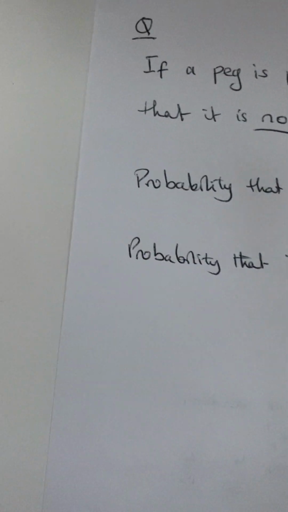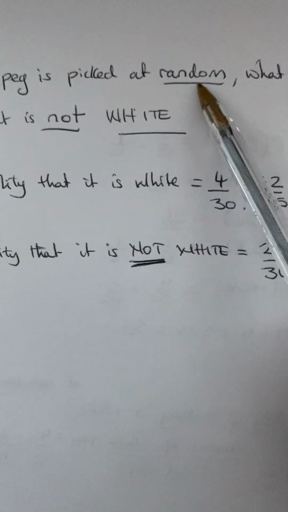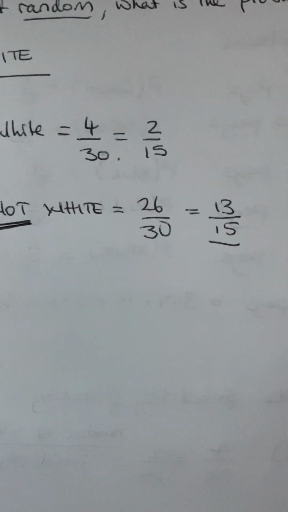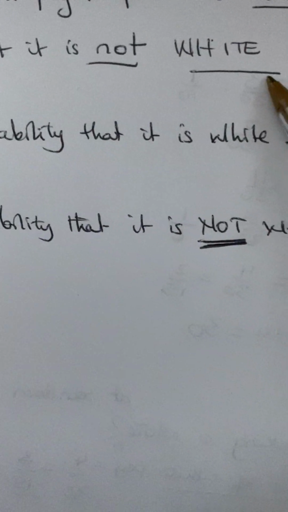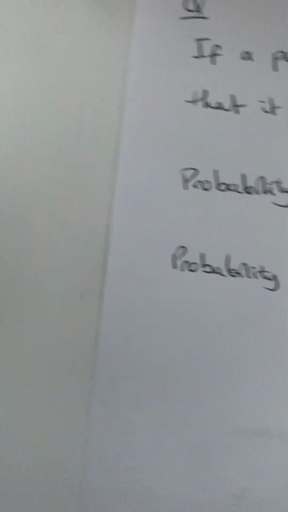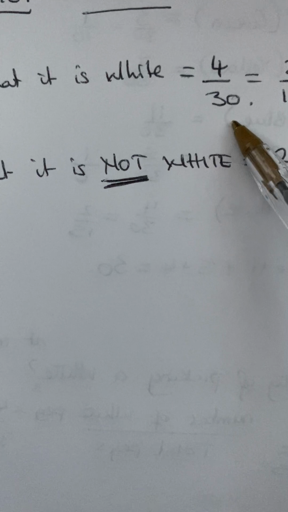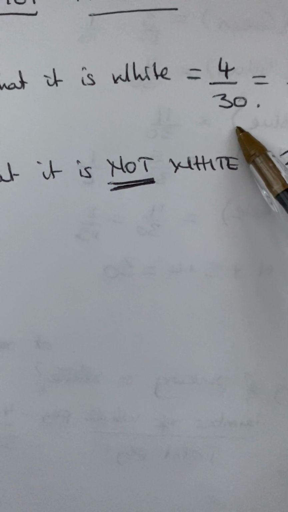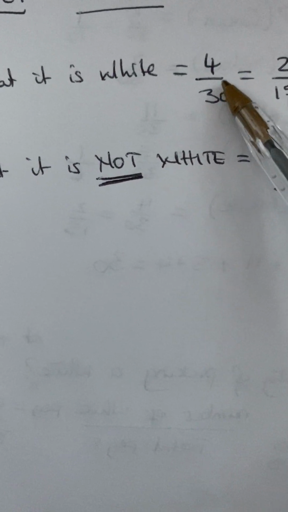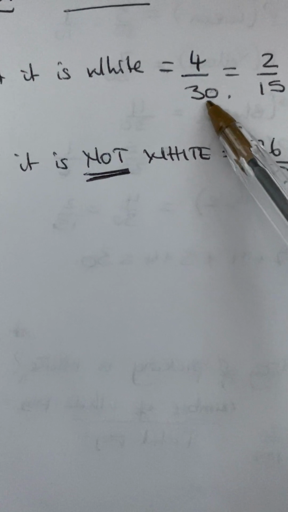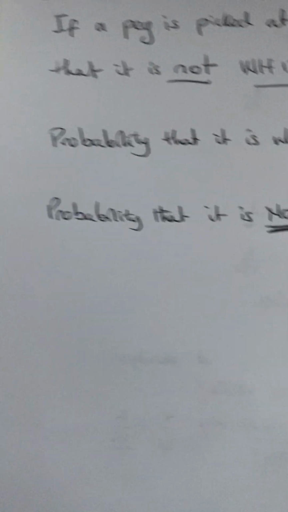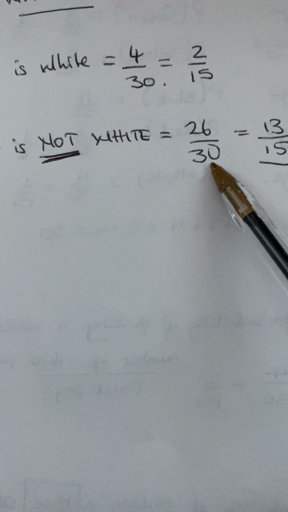Now let's look at what we have here. If the peg is picked at random, what is the probability that it is not a white? We know that the probability of it being a white is 4 out of 30. So if we take away 4 out of 30, we have 26 other pegs.